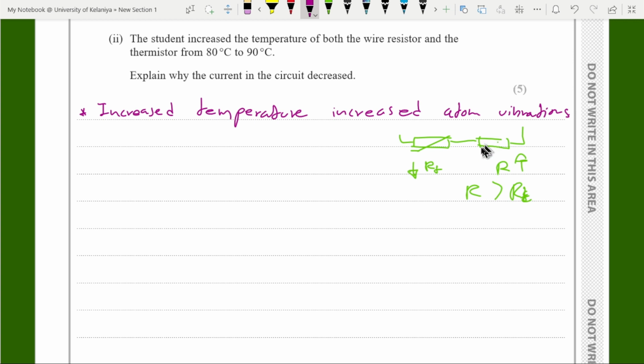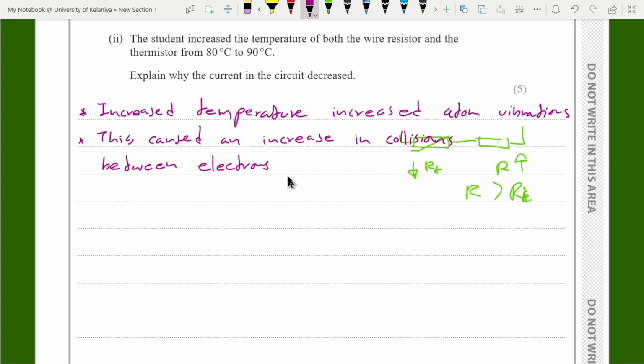Then this goes with an increase in the resistance, or you can say it in terms of collisions between electrons and the atoms, right? I hope you understand this one.